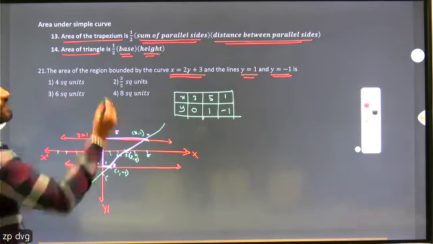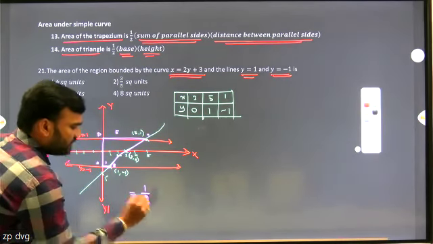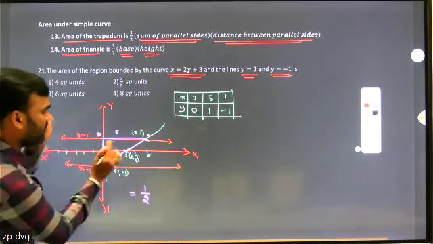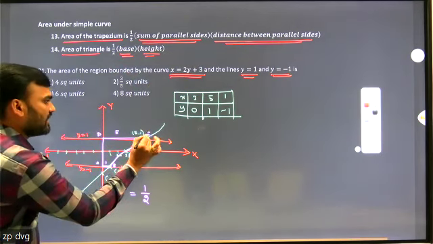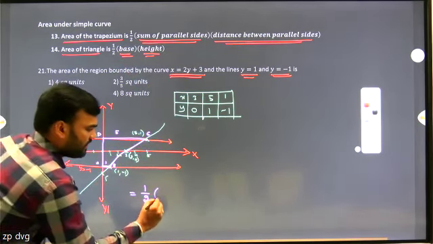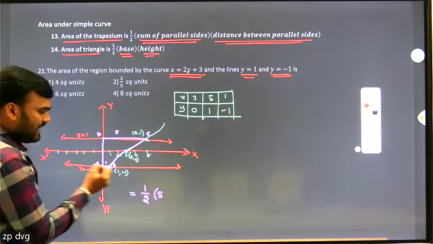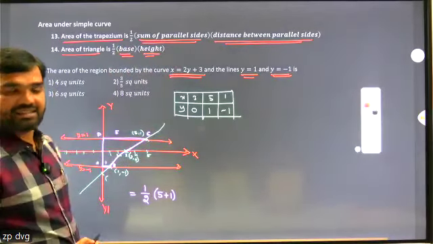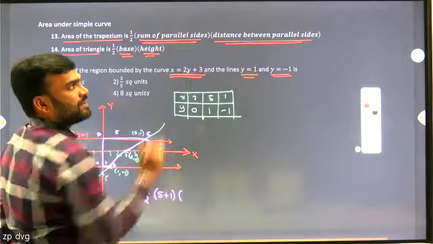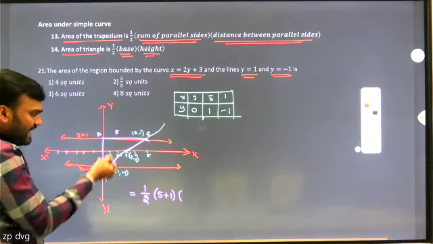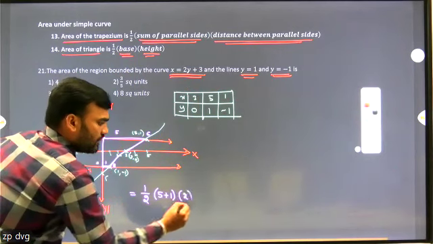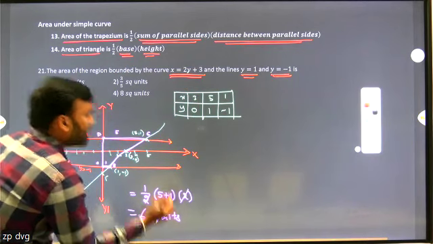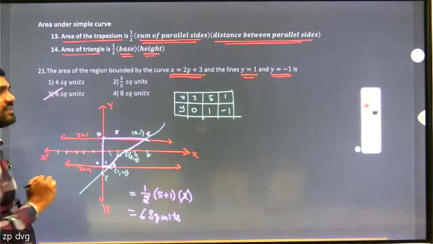The sum of the parallel sides: CD is 5, and AB is 1. Half into the sum of parallel sides into the distance between the two parallel sides, which is AD, and AD distance is 2 only. The 2 gets cancelled, so what we get is 6 square units. Third one is the answer.